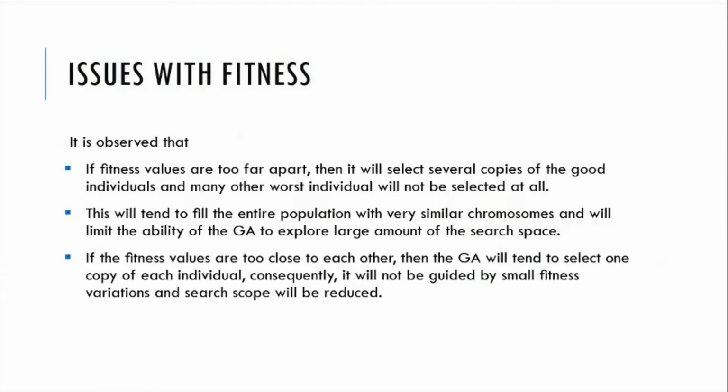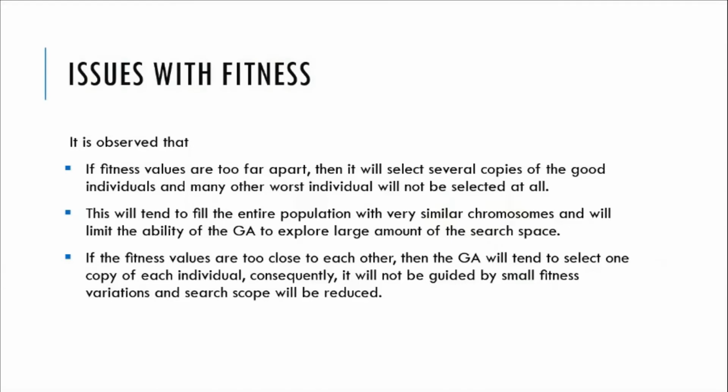So the issue with the fitness that we have observed is that if the fitness values are too far apart, then it will select several copies of the good individuals, and many of the worst individuals will not be selected at all. If the range of fitness values is too large, with many individuals having high fitness values and many having the worst fitness values, then the individuals with low fitness values will not get selected.